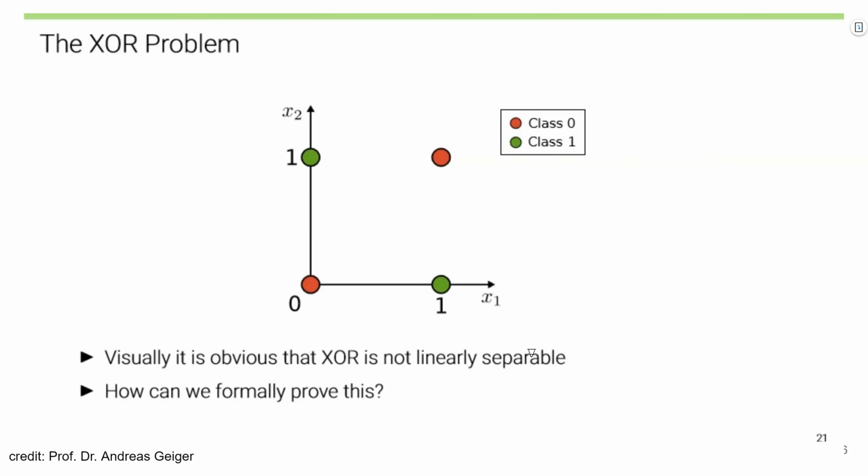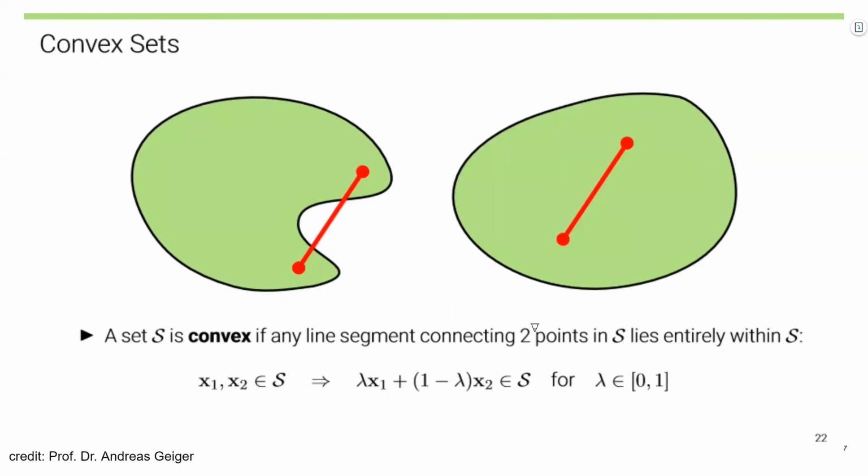By the way, how can we formally prove this? Can we even prove this formally? And the answer is yes. We're going to use the concept of convexity to prove that we cannot solve the XOR problem with linear classifiers.